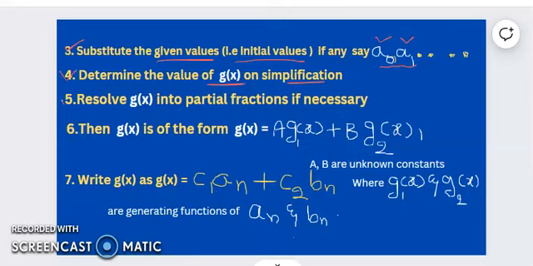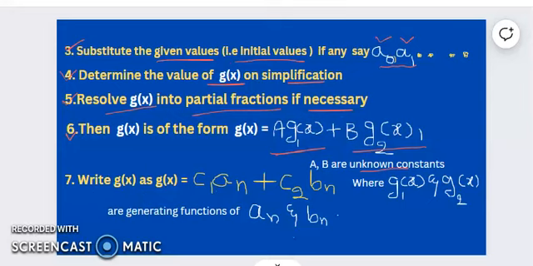And the fifth step is to resolve g(x) into partial fractions if necessary. And the sixth step: after the partial fractions decomposition, g(x) may be of the form g(x) equals a g1(x) plus b g2(x). Here a, b are unknown constants.